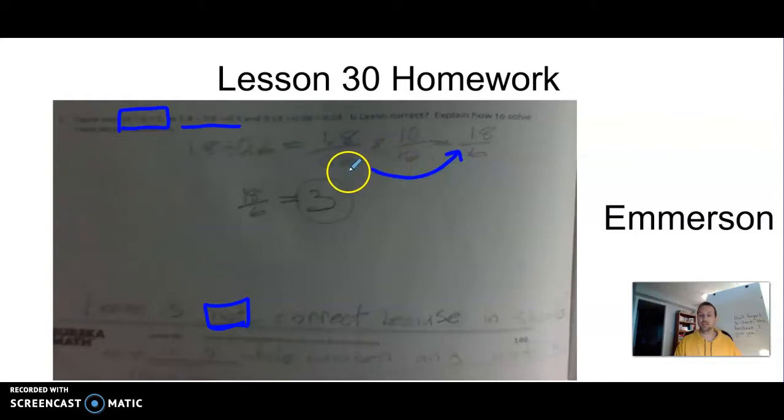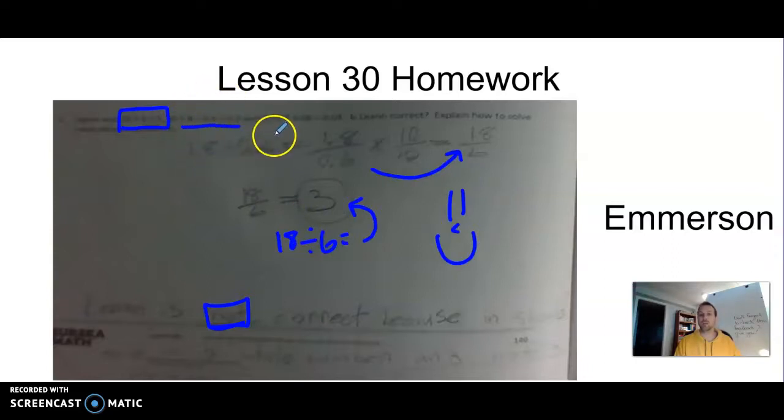It's in the tenths, right? And came out with 18 divided by 6. And what is 18 divided by 6? It's a basic fact. It's going to give you 3. Awesome work. So she knows that she is incorrect just by doing this one problem.